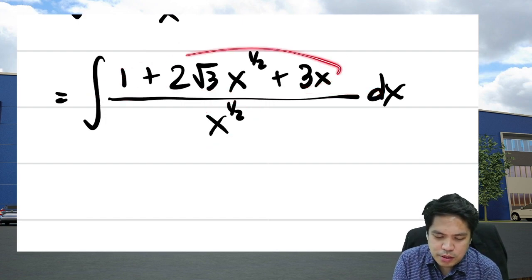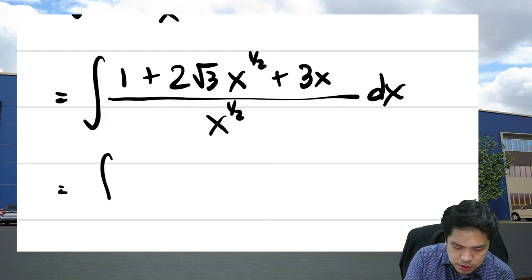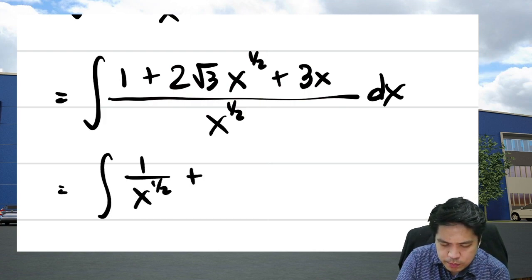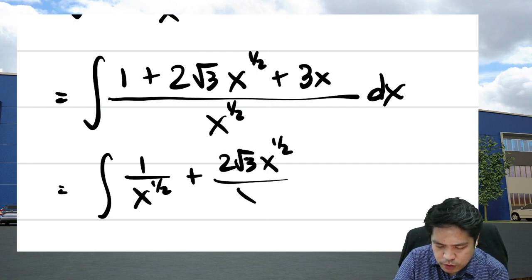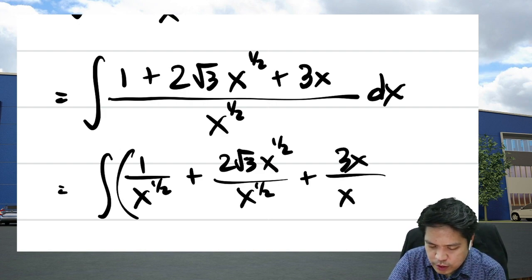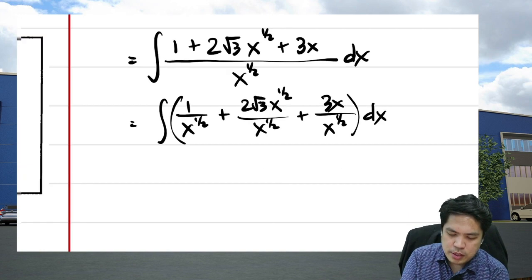Yun yung ibig sabihin ng expression na ito. So that would be the integral of 1 over x raised to 1 half plus 2 square root of 3 x raised to 1 half over x raised to 1 half plus, lagyan natin parenthesis na, 3x over x raised to 1 half. Then multiply all by dx.